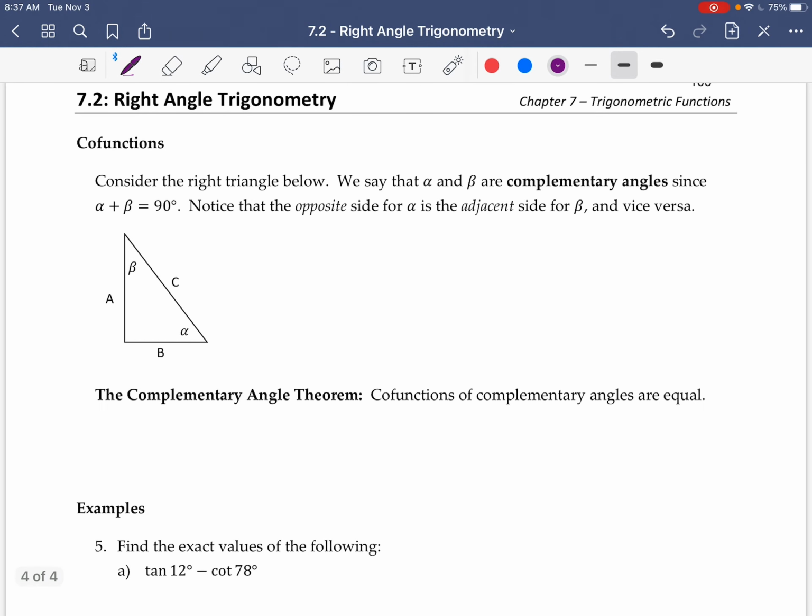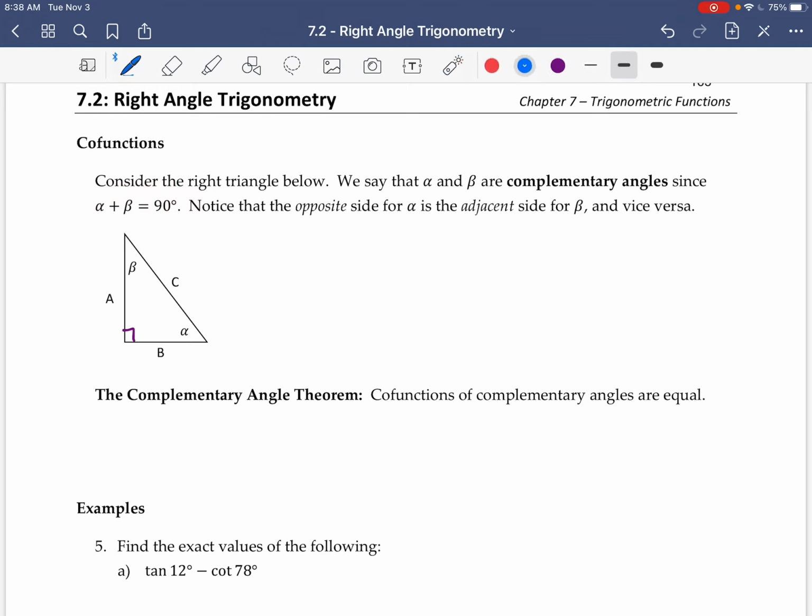Now we have some idea of cofunctions. So we define the trig functions for a particular angle. There's 2 non-90 degree angles in that right triangle. We call those complementary angles. So here alpha and beta are complementary angles since they must add to 90. Why must they add to 90?